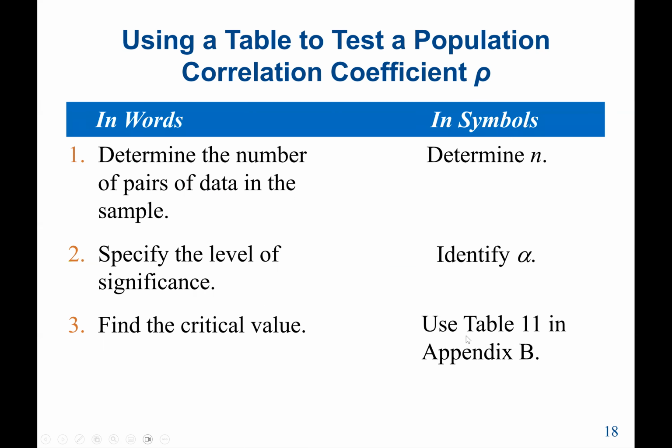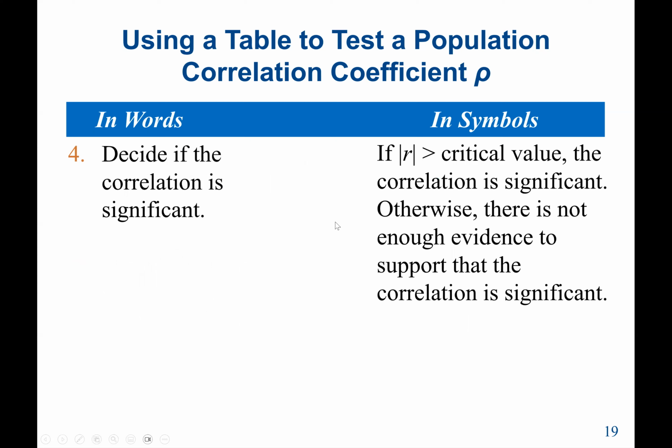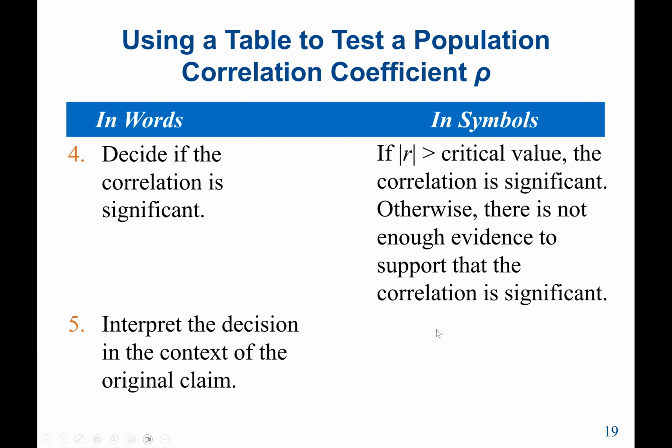So to get the critical value, we need the N value and also the alpha. So now when we get the critical value, we decide if the correlation is significant. And the only way we can decide is that if R is greater than the critical value, then we say that the correlation is significant. Otherwise, there's not enough evidence to support that correlation is significant. Then we need to interpret the decision in the context of the original claim.